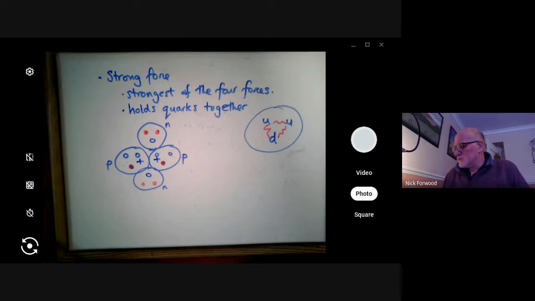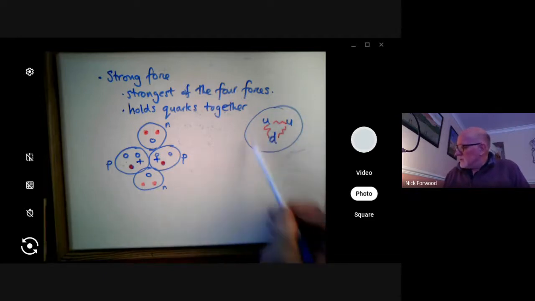Well, two protons inside a nucleus don't get forced apart. They're held together by the strong force. The strong force must be pretty strong to overcome the electromagnetic force. And indeed, it is strong, and it is the strongest of the four forces. So the strong force is working in two areas.